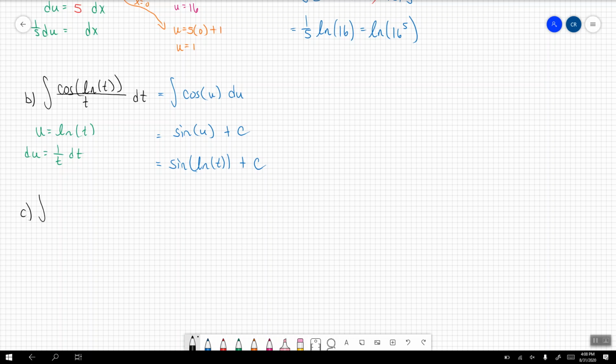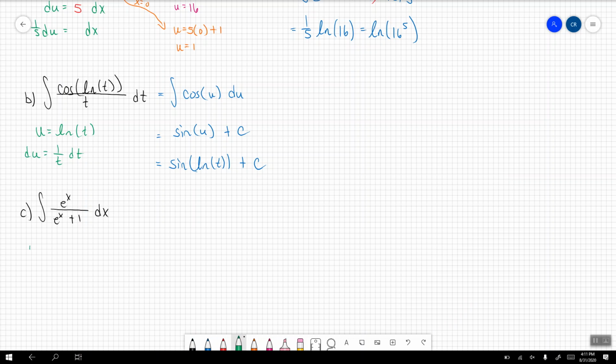Part C is going to be the integral of e to the power of x divided by e to the power of x plus 1, and this is all with respect to dx. Okay, so again, what I see here is some function composition where I can take the denominator and make the substitution that I'm looking for.